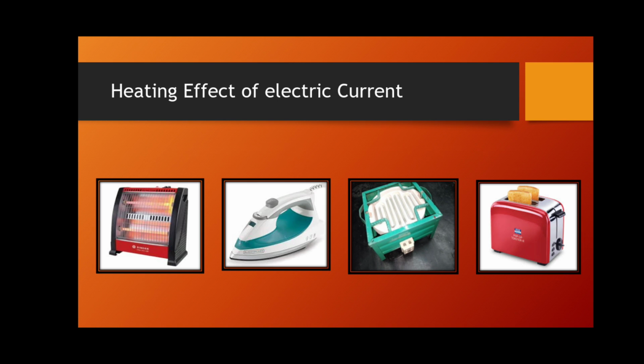The applications based on the heating effect of electric current are devices like, here you can see, the heater, iron, or the electric heater that is used for cooking, and toaster. And the amount of heat produced in a wire depends on the material, the length and the thickness.